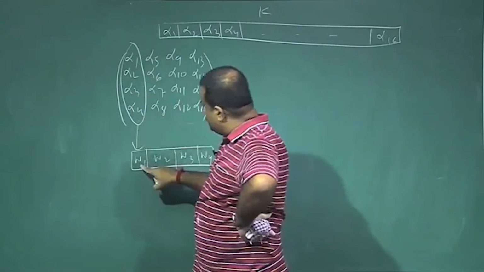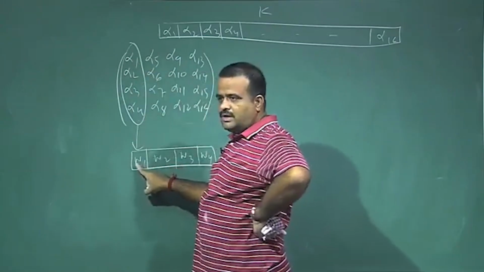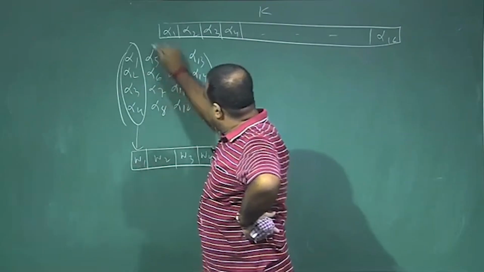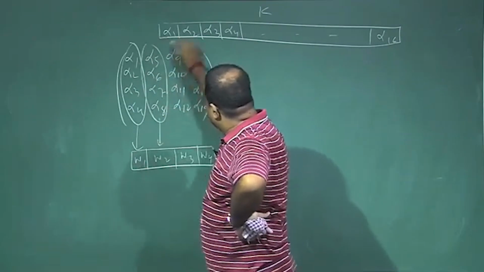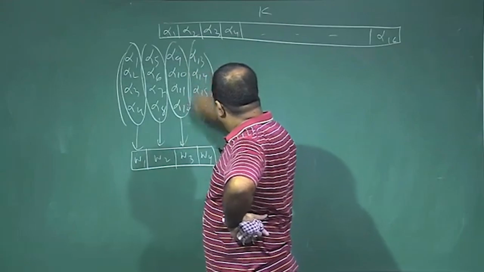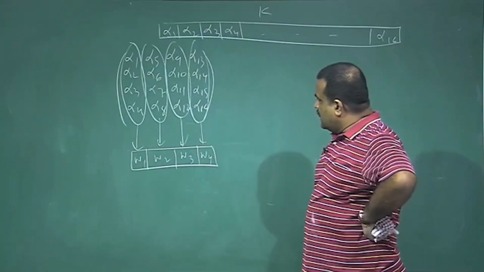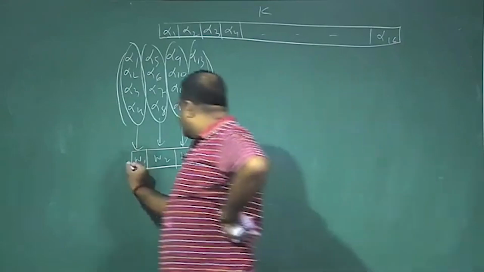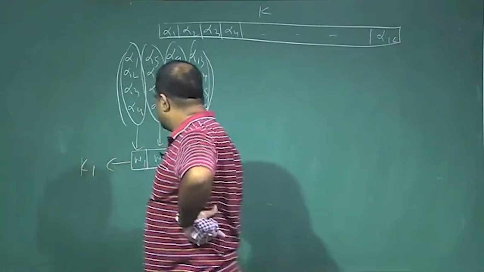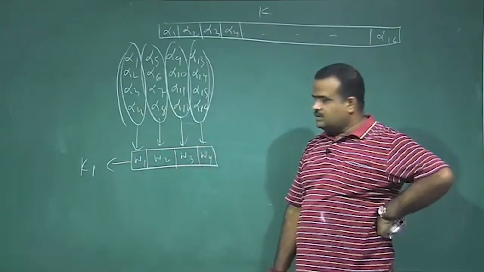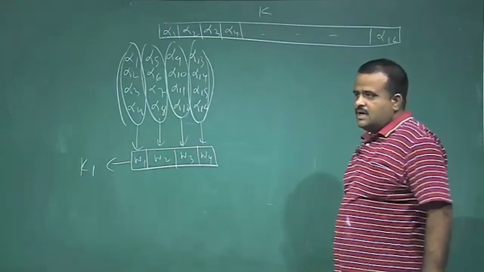So, we copy this into this word, each word is 32 bit, and we copied it here, here, and here. Okay. And this is our K1, the first round key.